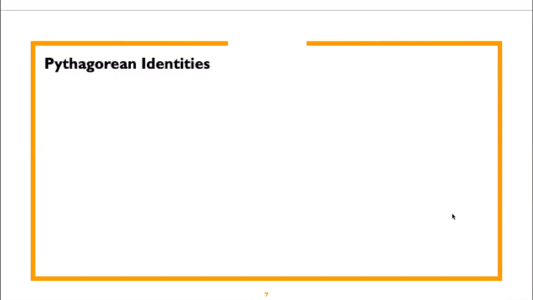Okay? So let's start with what we know about the Pythagorean theorem. The Pythagorean theorem says that a squared plus b squared equals c squared. Yeah? And we're going to put that together with what we know about the unit circle.